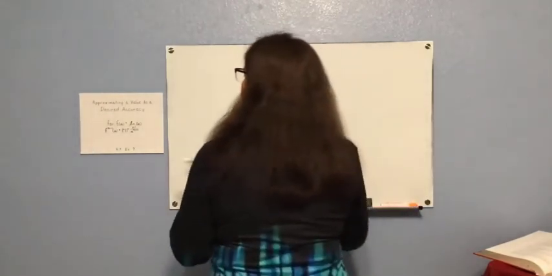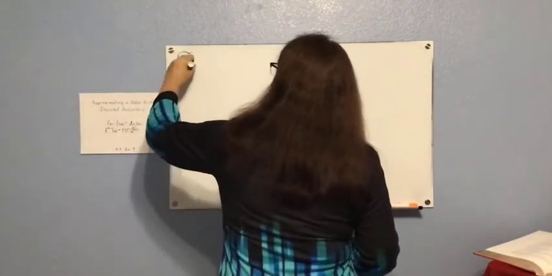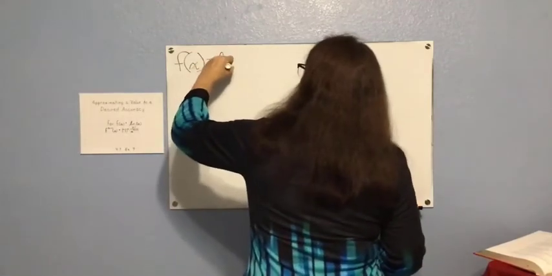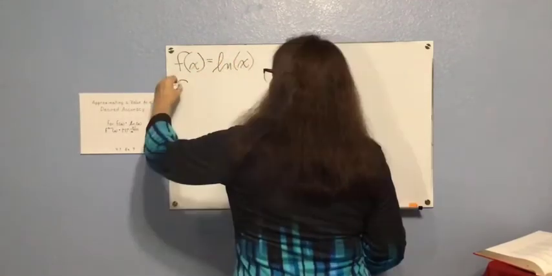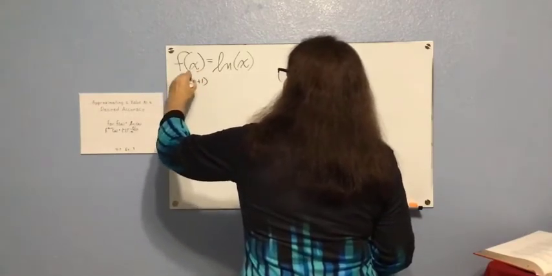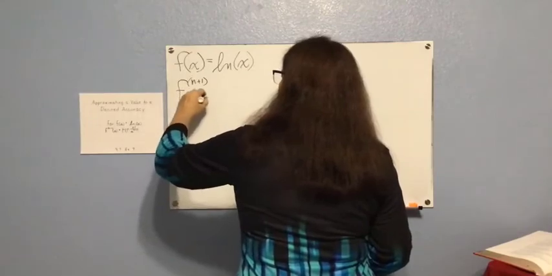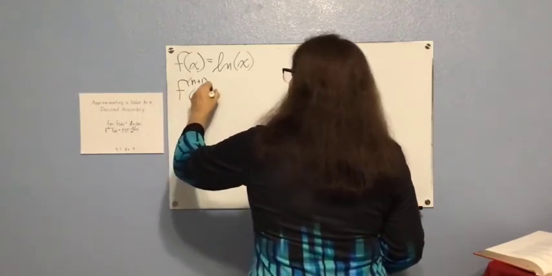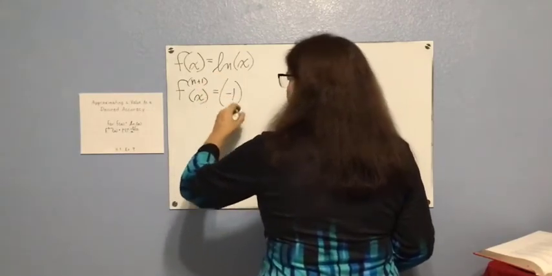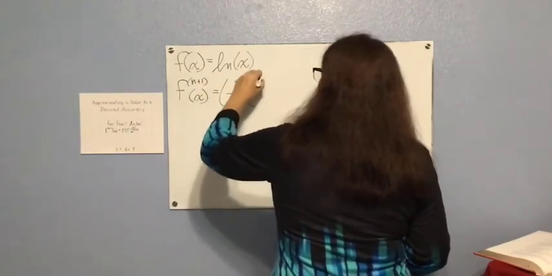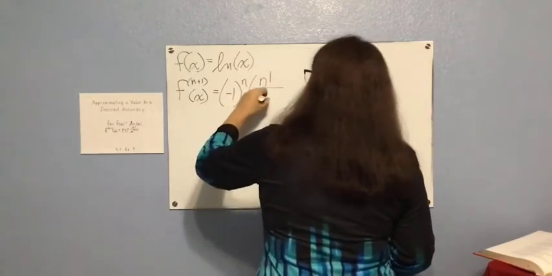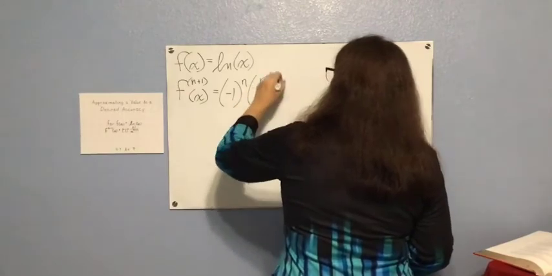So let's say we have f of x equal to natural log of x, and that tells us that the n plus 1th derivative of x is equal to -1 to the n times n factorial over x to the n plus 1.